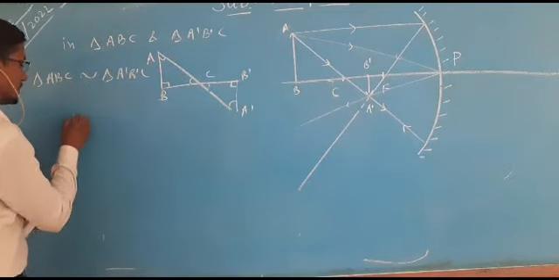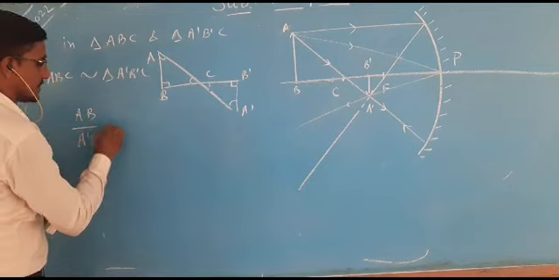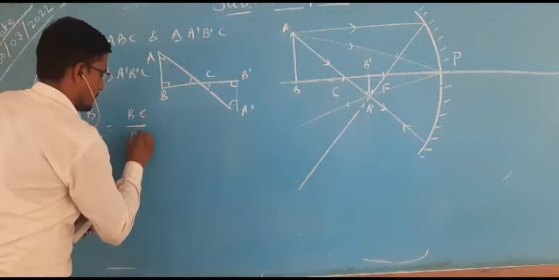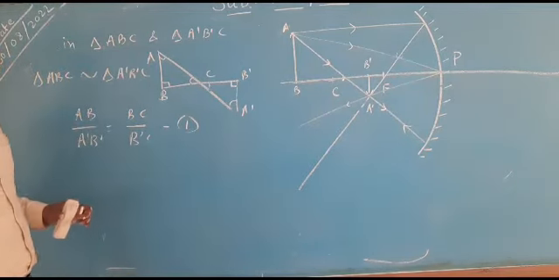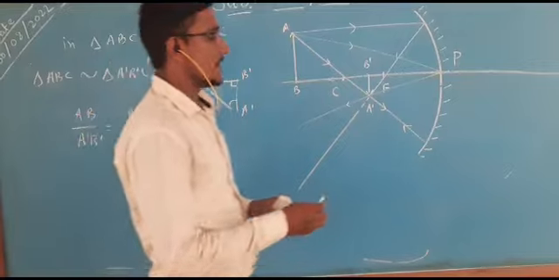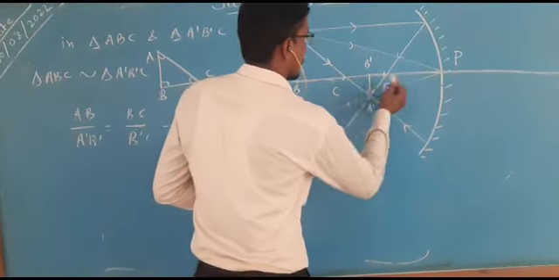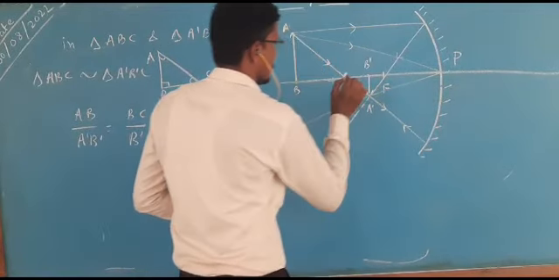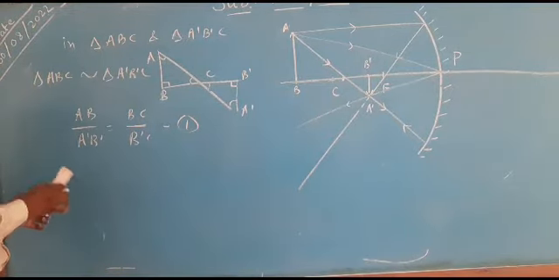So we can say that AB upon A dash B dash is equal to BC upon B dash C dash. This is equation number 1. Now we are going to take another pair of triangles, this lower triangle. Is it clear up to equation number 1?